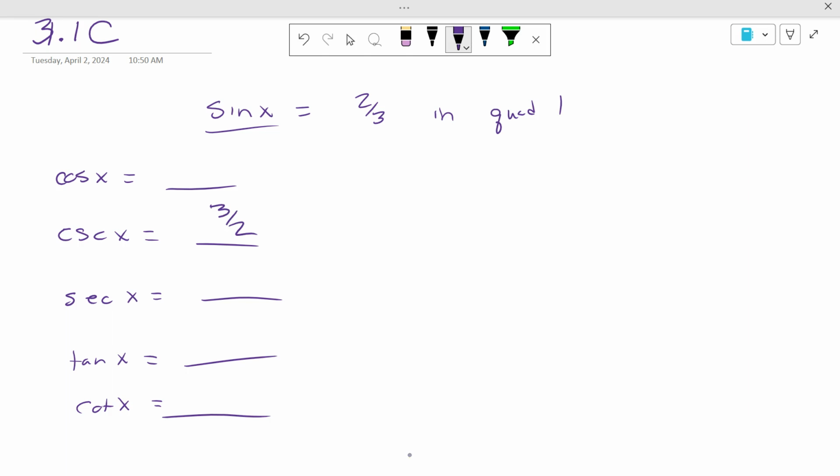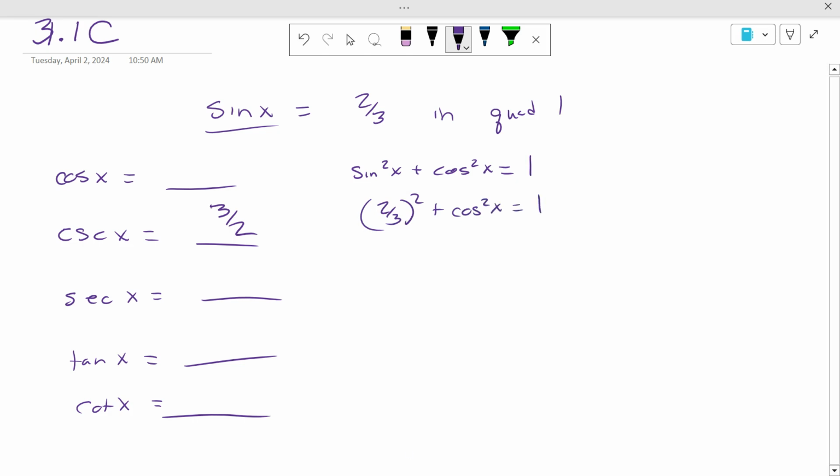How do sine and cosine relate? Well, sine squared of x plus cosine squared of x equals 1. So 2/3 squared plus cosine squared equals 1. What's 2/3 squared? Well, that's 4/9. What do I do to each side to solve the equation?